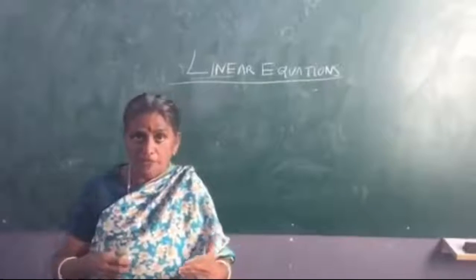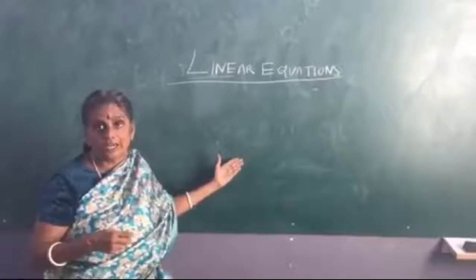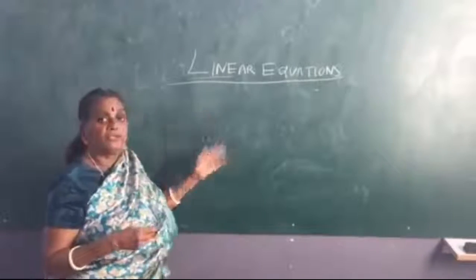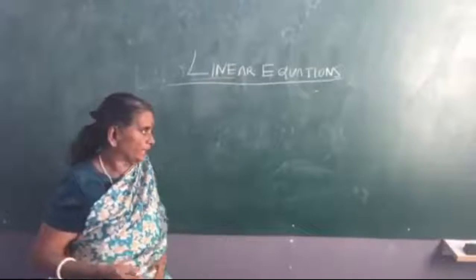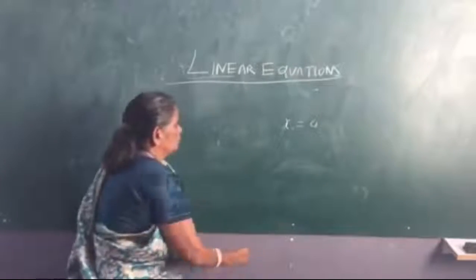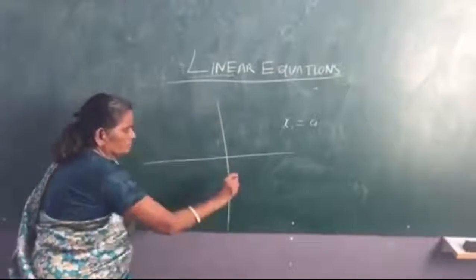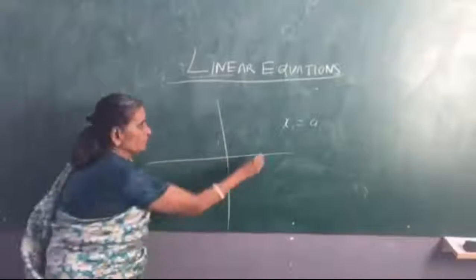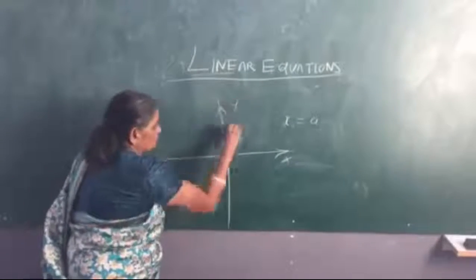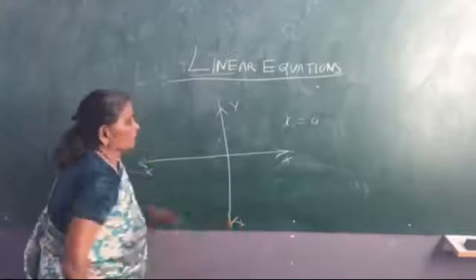See, already in the previous standards, you must have traced the line, and you must be aware of the fact that a linear equation always represents a straight line. For example, if you take x is equal to 0, you know very clearly in the graph this is the x-axis, this is the y-axis.